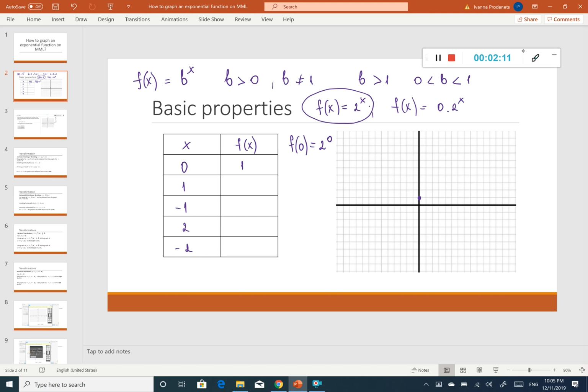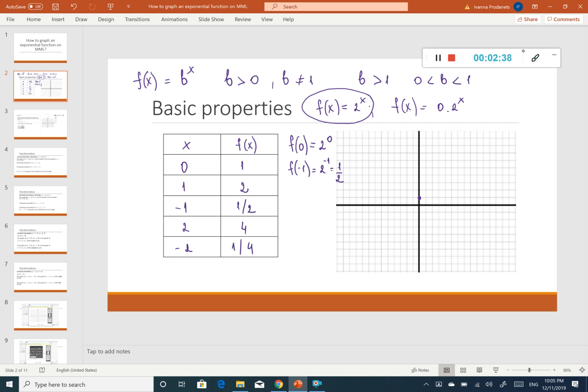Then if I plug x equals 1 into our function, I will have value 2 for my second column. For 2, I will have value 4, but if I plug in x equals -1, then I will obtain 2 to power -1, which is the same as 1 over 2. And here I will have 1 over 4.